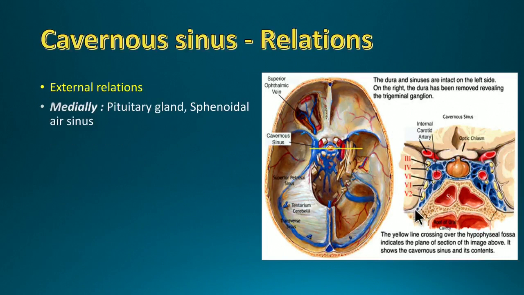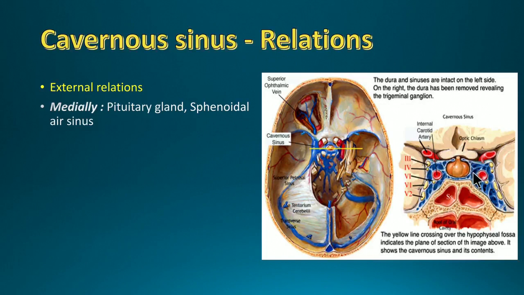This is a coronal section passing through the cavernous sinus, the middle cranial fossa and the sphenoid bone. You can see very well, medially it is related to the pituitary gland, and within the body of the sphenoid bone you have large air filled spaces, the sphenoidal air sinus. So this is your sinus. It is a diagrammatic representation.